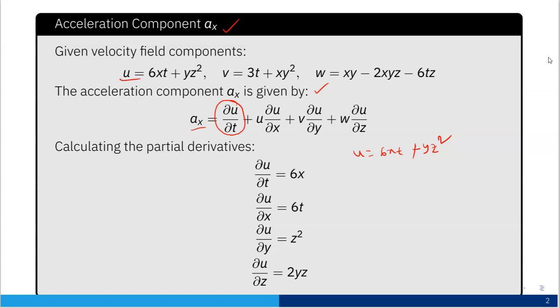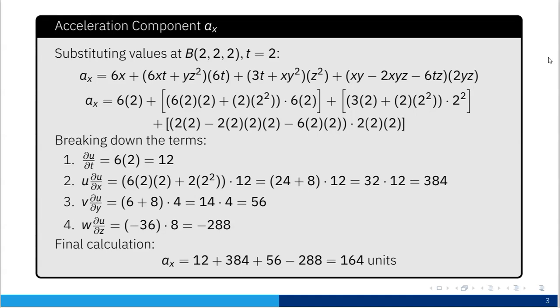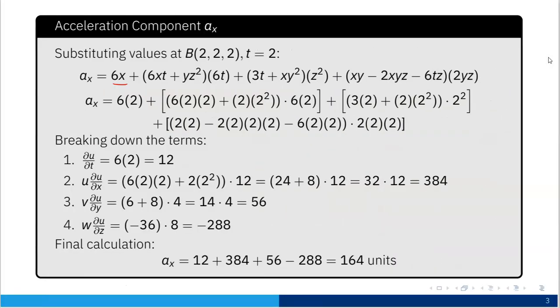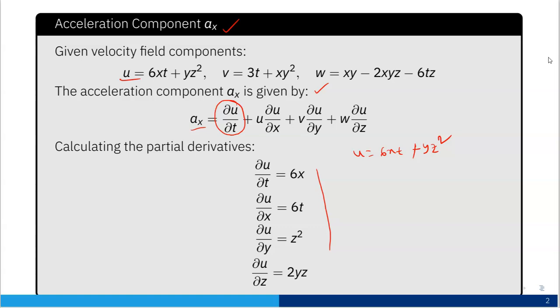So we got all these partial derivative terms, and then we plug them in. x will be 6x, that is ∂u/∂t, then plus u into ∂u/∂x. u we already know is 6xt plus yz², and ∂u/∂x is 6t. Then v is nothing but 3t plus xy² into ∂u/∂y, which is z².